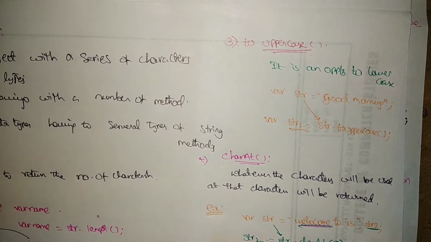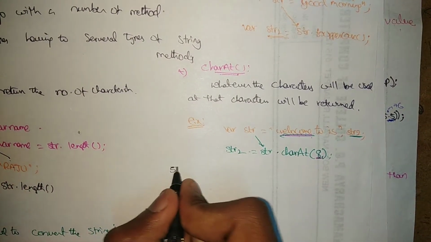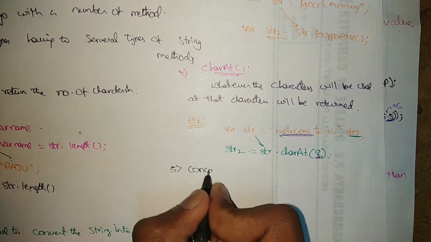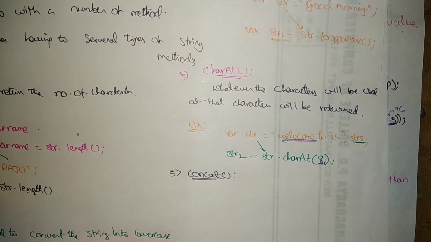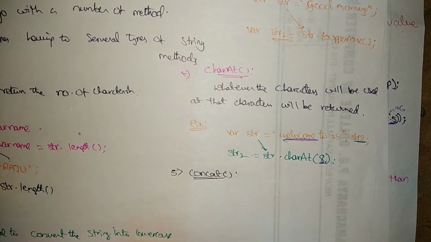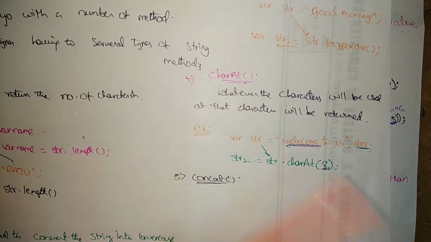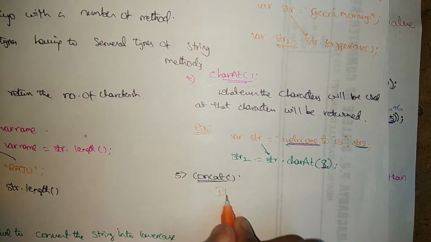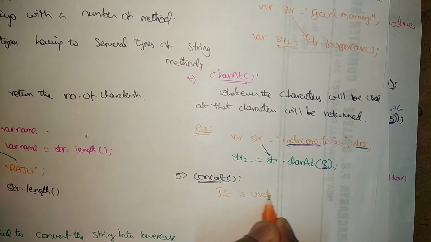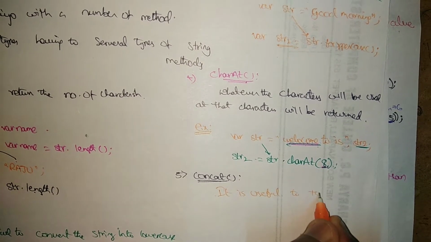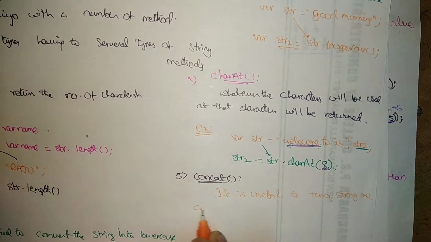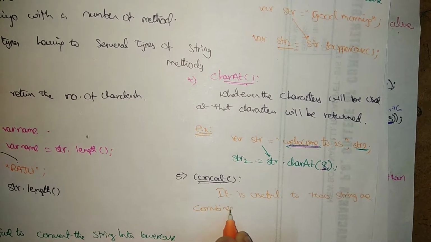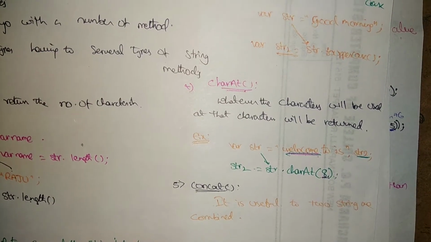Now next one, concat. Concat is useful to concatenate or add two strings, that means two strings are combined. Now let me give an example.